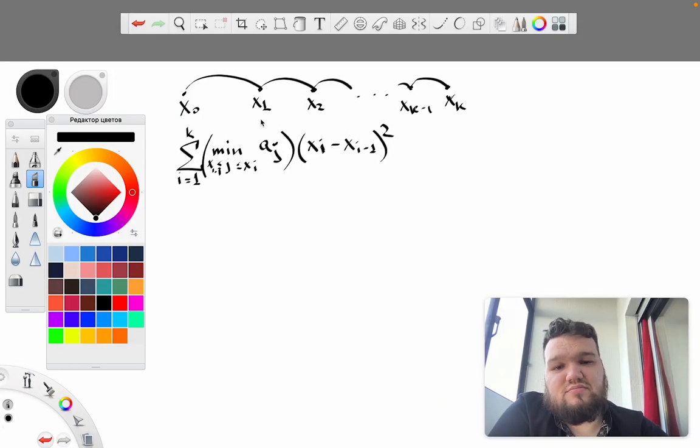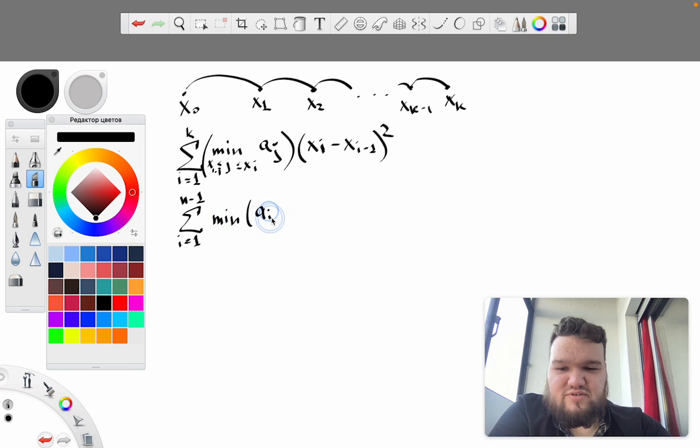So I can just jump everywhere by 1. Then all of this will be just 1, and the cost will be the sum of minimums of 2 consecutive elements, which is not bad, right?